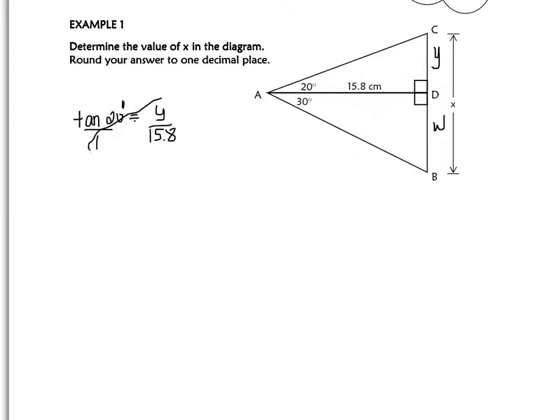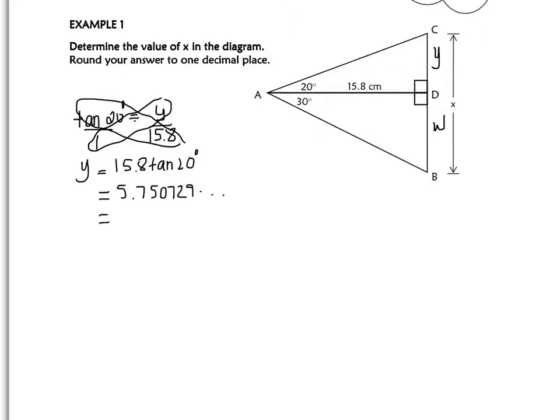If we're looking for the side, we usually cross multiply, and we get Y equals 15.8 tan of 20. We do that on our calculator and get 5.750729, and so on. If we round it off to the nearest tenth, that would be 5.8.